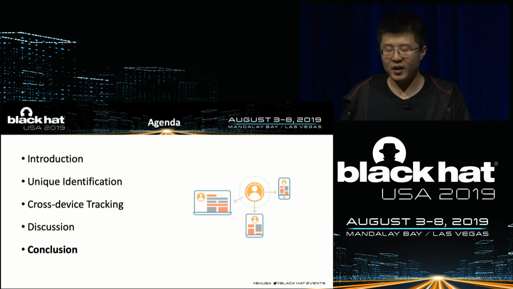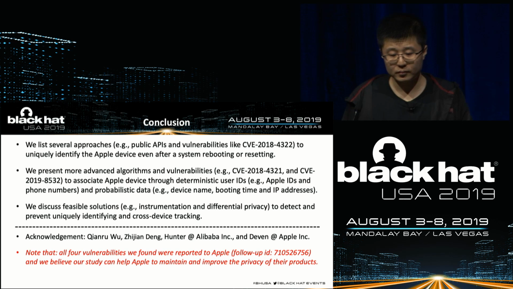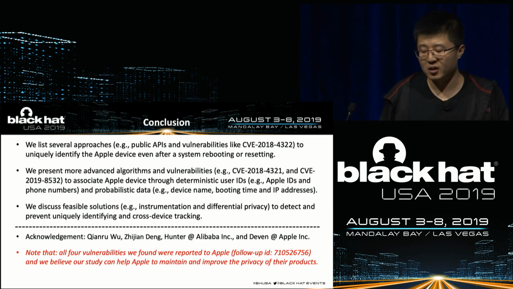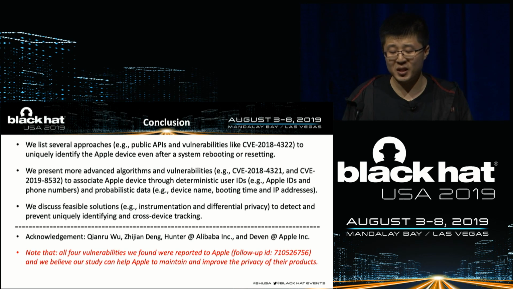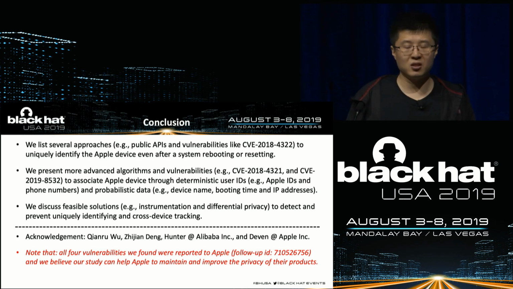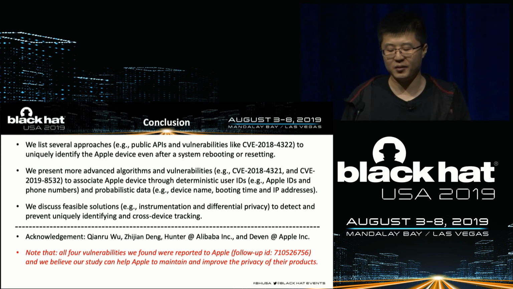Okay, here is the conclusion. So in this talk, we first list several approaches, for example, some public APIs and vulnerabilities to uniquely identify the Apple device even after a system rebooting or resetting.